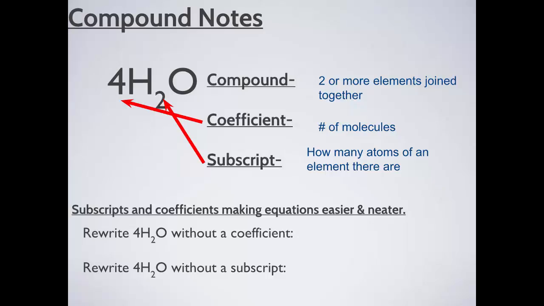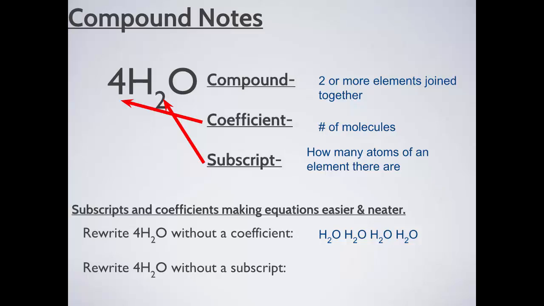So by using these subscripts and coefficients, it allows us to make our chemical equations and symbols a little bit easier to write. You could write these without coefficients, like this. It's telling you the same thing.